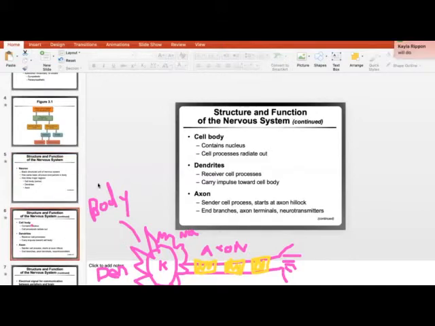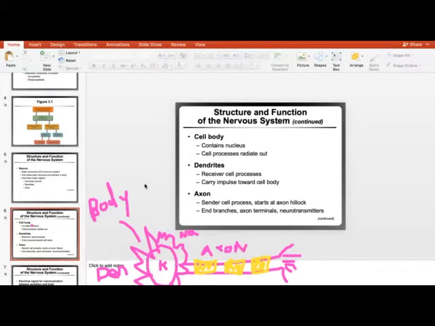We have our cell body, and in the cell body is a nucleus. All right, and then this cell body has these little processes that stick out, and these are called dendrites. And these dendrites are going to receive signals from other neurons, other electrical signals. All right, and these dendrites are going to send the signal towards the cell body.